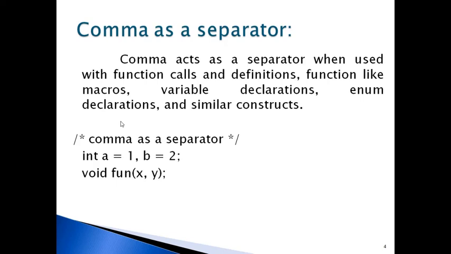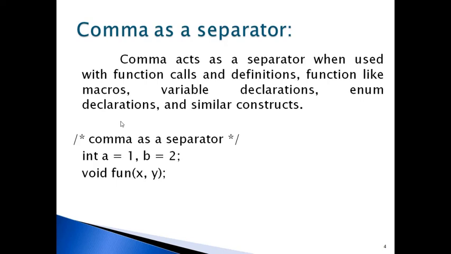In functions, we use the comma operator to separate the arguments. While declaring enum variables, and in the printf and scanf functions, we use the comma operator to separate the operands.